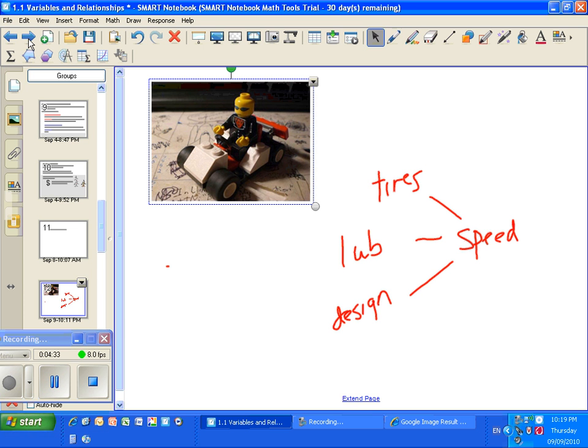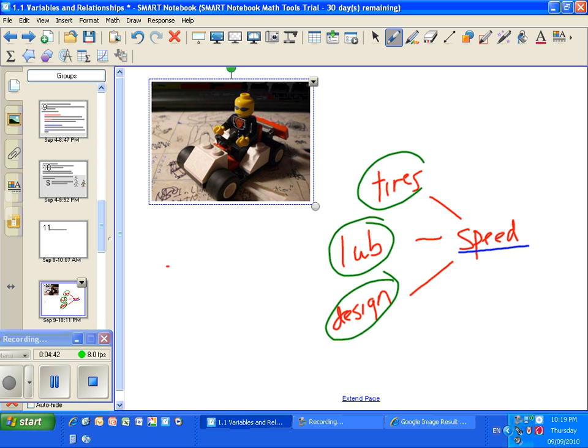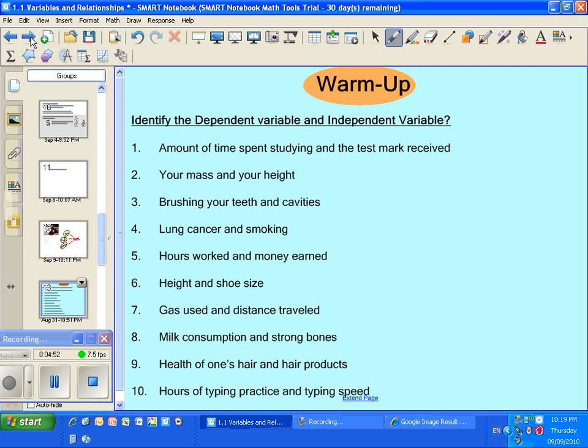All of those things are independent variables, and they affect the dependent variable. This is the effect of changing these things. So that's a cause and effect relationship, and that illustrates it pretty well. We'll flip ahead just a little bit more, and we'll look at a couple of these things.